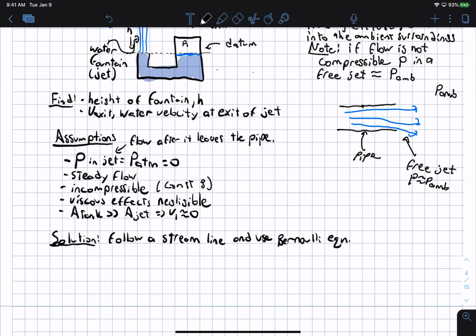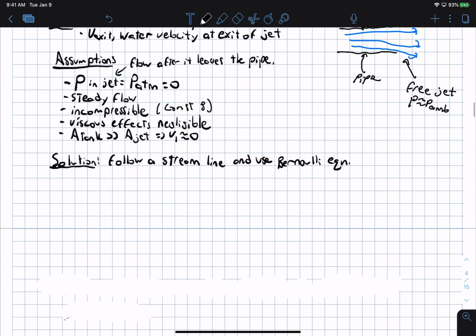So we need to choose a streamline and then follow it. In your homework, I expect you to draw a streamline to show that you are following it. We'll call the top of the fluid state 1.